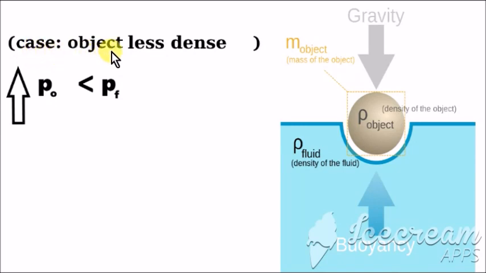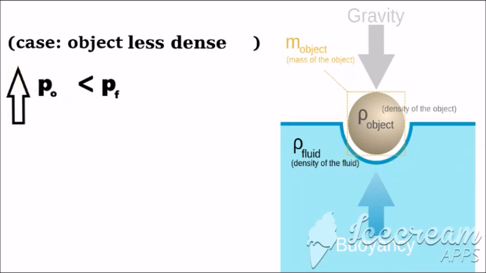In this case, I'll presume an object that is less dense than the fluid it's submerged in. And for simplicity, I'm talking about fully submerged in liquid, not partially submerged. So he says that if the density of the object, rho O, is less than the density of the fluid, rho F, then the object will go up.